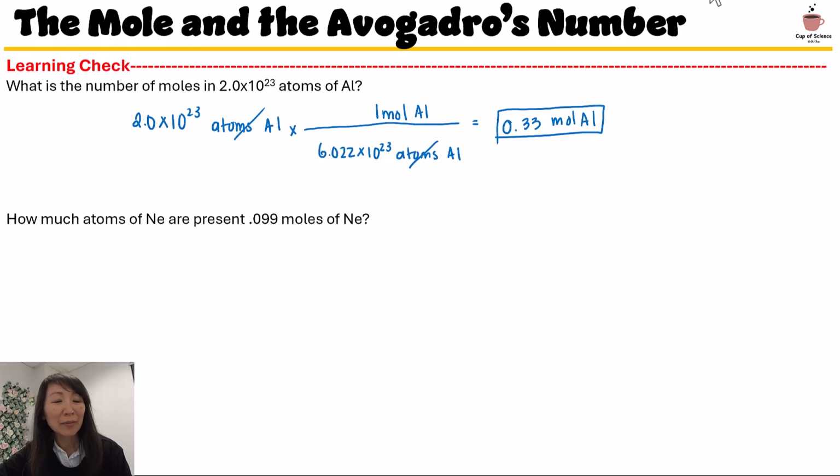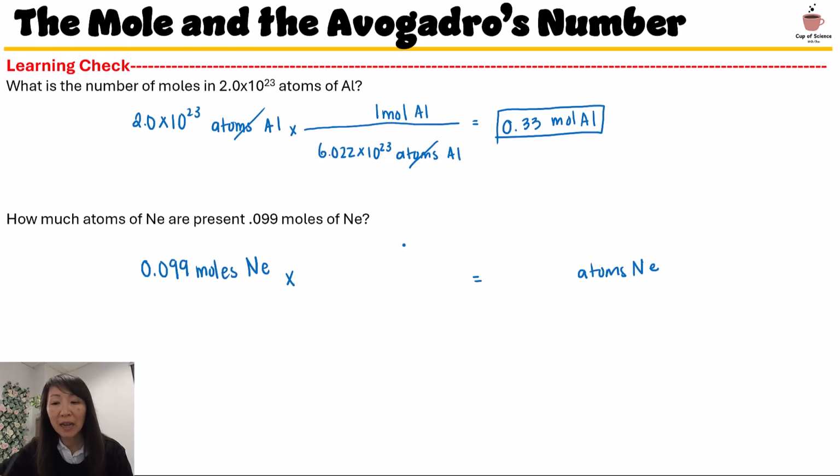How many atoms of neon are present in 0.099 moles of neon? So we have 0.099 moles of neon, and I want to do some calculations so that in the very end, I have atoms of neon instead of moles. We're starting off with moles now.